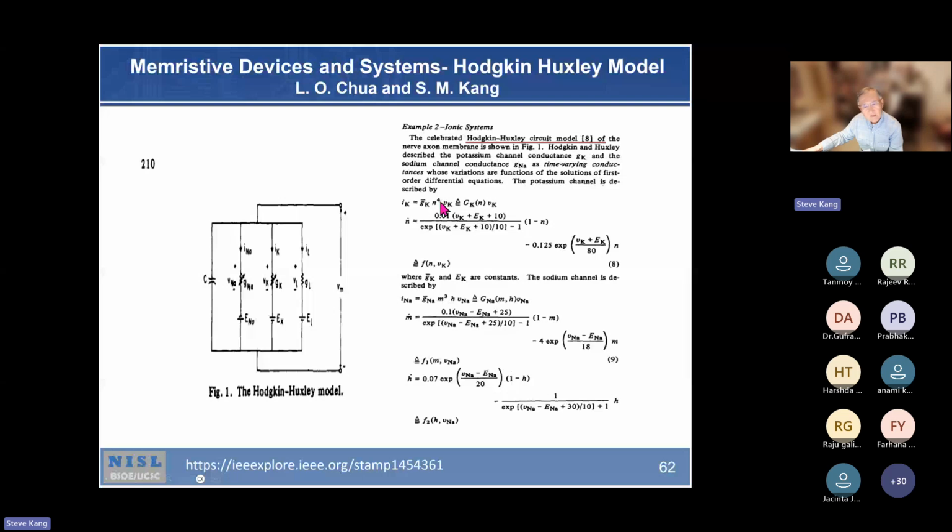This turned out to be a very complex, stiff nonlinear differential equation, but it can generate what is called the action potential, which you will see later on. So back in the 1976 paper, we identified the ionic system as a memristive system, actually. That was a very revealing experience at the time. That was way before the neuromorphic computing concept came about.